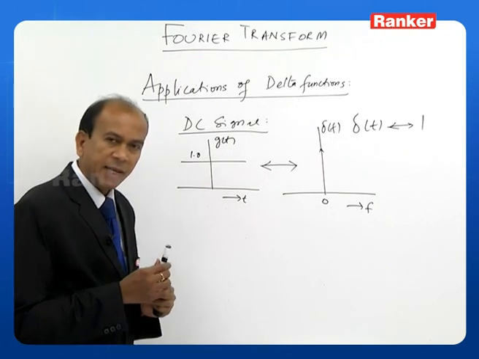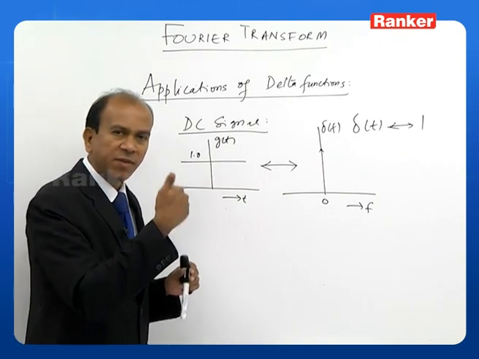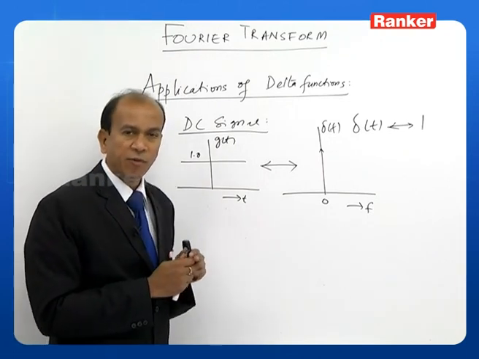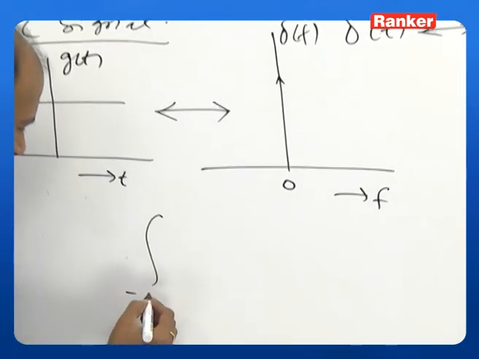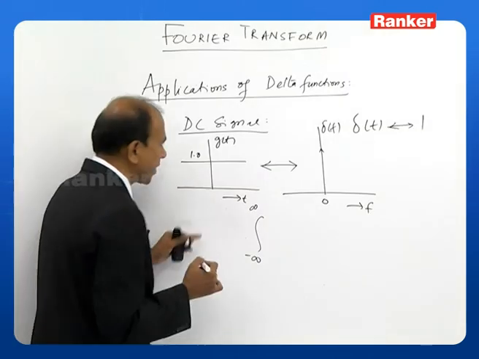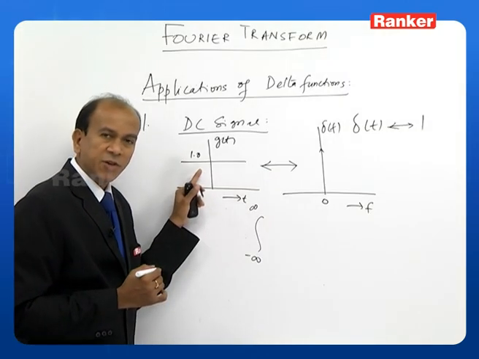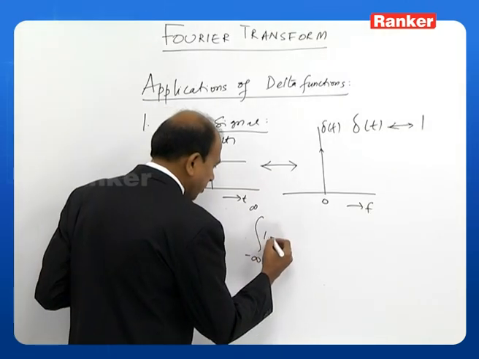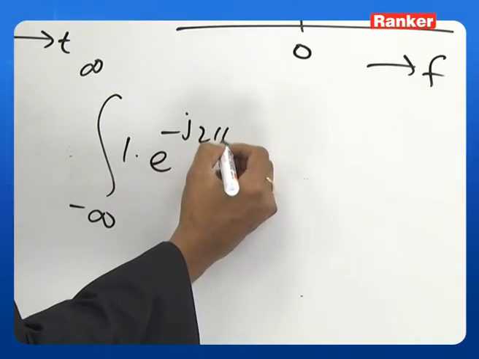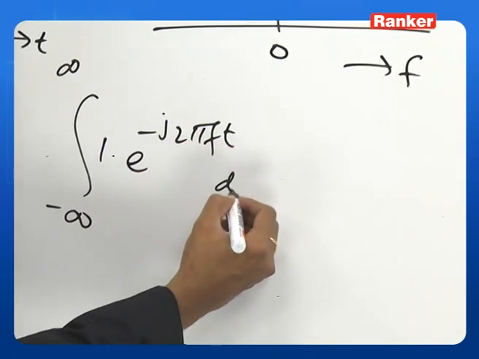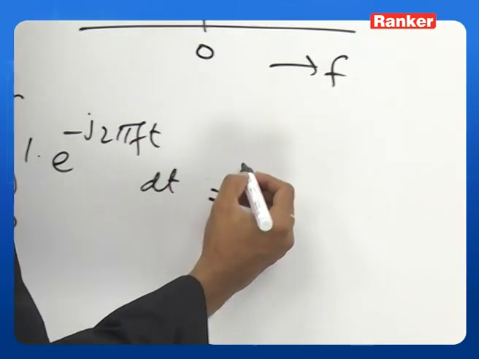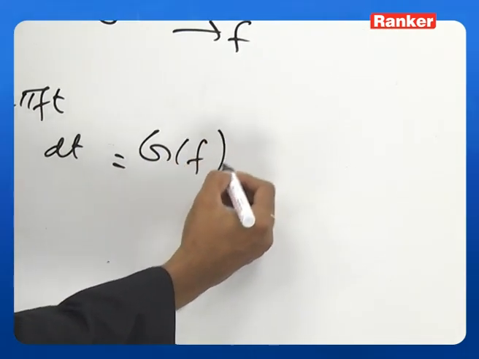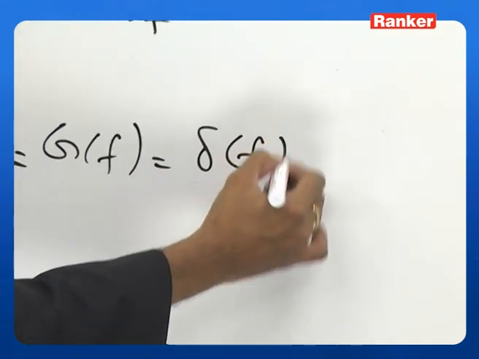So, what does it mean? We have seen the formula for the Fourier transform, isn't it? Here, from minus infinity to plus infinity, what is the value of g of t here? 1, isn't it? So, 1 into e to the power of minus j2 pi f t dt will give me the Fourier transform g of f, that is nothing but equal to delta f.